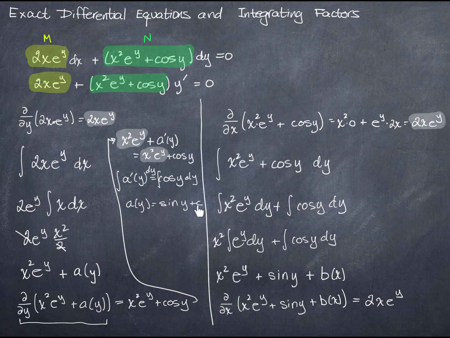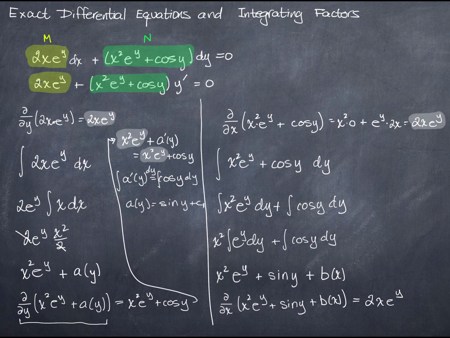This time I really am using a constant because this derivative is in terms of y, and this right-hand side is also in terms of y. There are no x's, right? I've narrowed it down to only dealing with y. So this really is a constant, and I'm going to call it C1 because I will probably have another constant on the other side. So now I know what my function a of y should be.